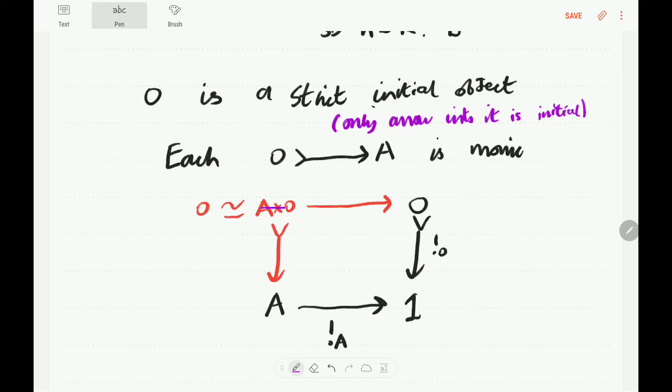So this is the product of 0 times A. So it's isomorphic to 0. So such an arrow, since it's a pullback of a monic, it is a monic. So there we go.